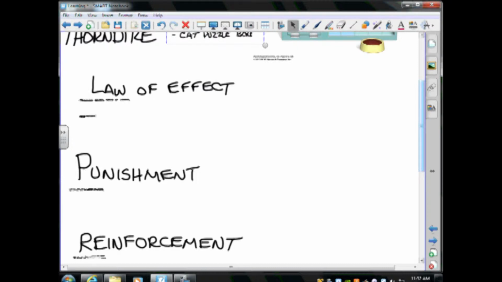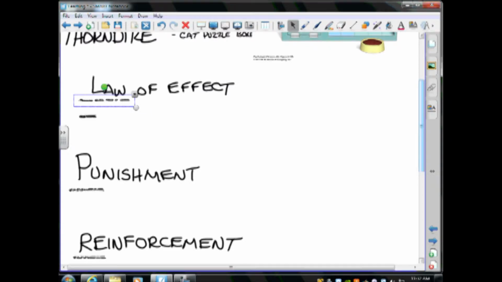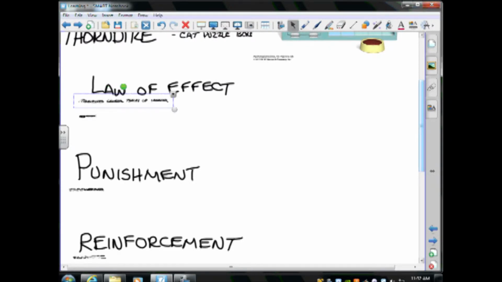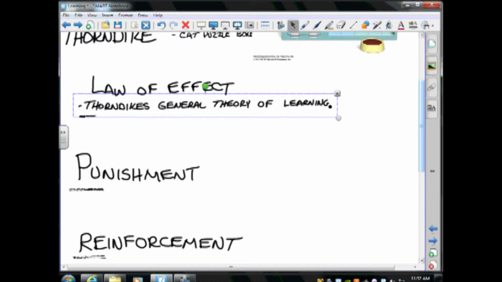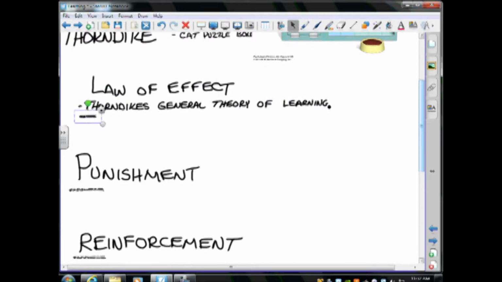So Thorndike comes up with what he calls the law of effect, and you will see this again, I'm sure. The law of effect is also called his general theory of learning.